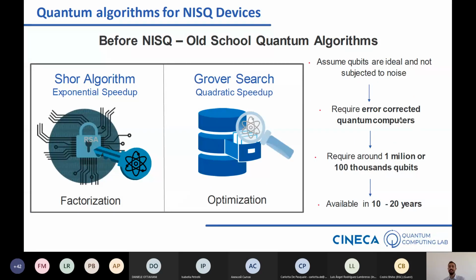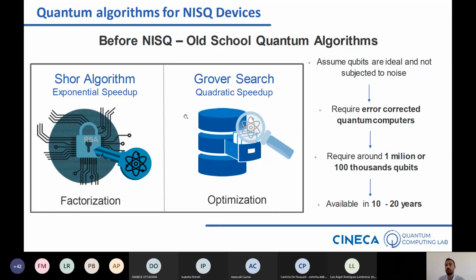We have already seen this old school quantum algorithm that came up in the 90s, like Shor and Grover. What happens is that they assume ideal qubits, so not subjected to noise or errors. In order to run this kind of algorithms that have a provable speed up over the classical counterpart, you have to be able to perform error correction.